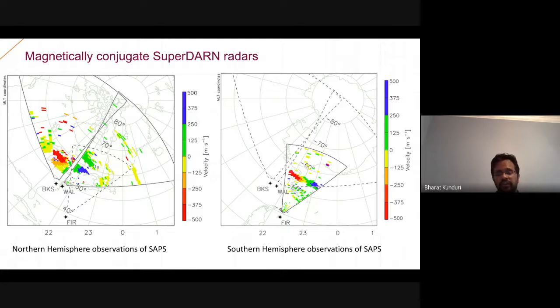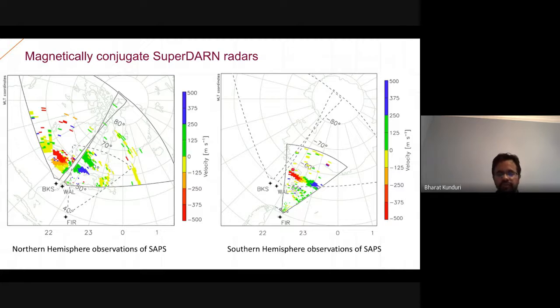If there is any discrepancy or error in the measurement, I would not expect a significant variability with respect to the look direction. So, for example, beams that are a little more zonal are seeing stronger velocities. The scale is a little saturated here, but beams that are more or less poleward are seeing lesser line of sight velocities.